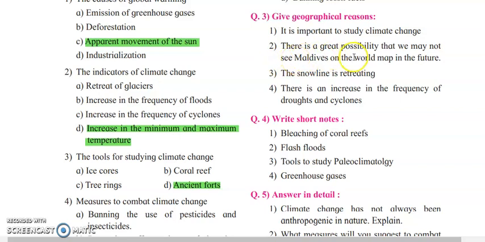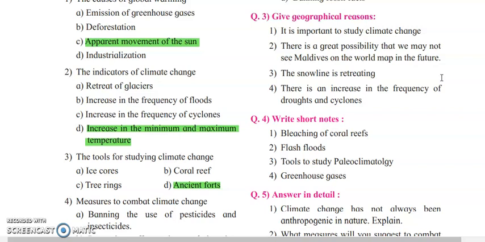Next, there is a great possibility that we may not see Maldives on the world map in future. Whenever global warming takes place, the rise in temperature causes the glaciers to start melting, and when the glaciers melt, there is an increase in the sea level. You all know Maldives is an island which is covered by water. The sea level is continuously rising every year, leaving no ground.